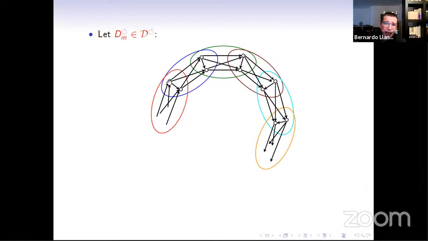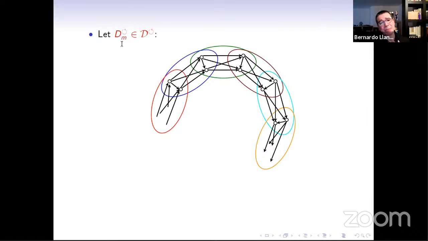I didn't put the loops here, because if I put the loops, this graph is very complicated. So you can imagine that you have a loop in every vertex, and this graph is easy. This graph is nice. These are TT4s here, TT4s, and in some way you put them together such that the last arrow of this TT4 is the first arrow of the next one.